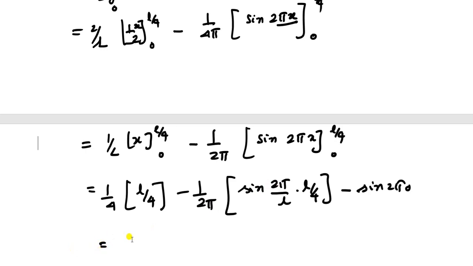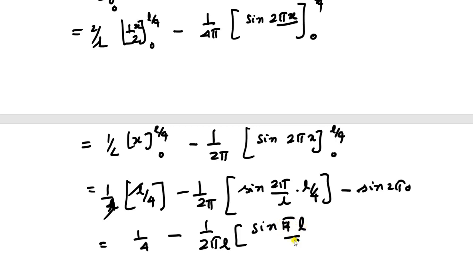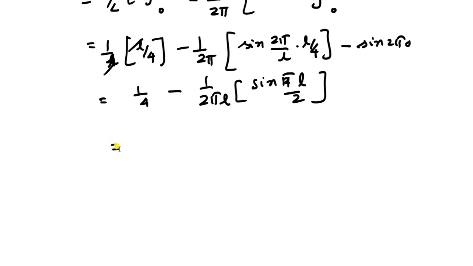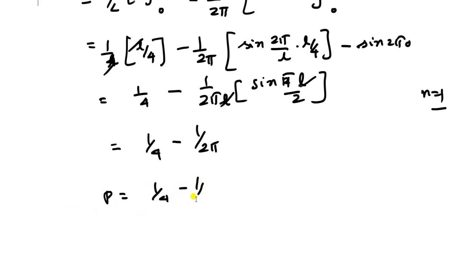This is equal to 1 by L, so L cancels, it is 1 by 4 minus 1 by 2 pi, here it is sine pi by 2. Next it is equal to 1 by 4 minus 1 by 2 pi. The L is cancelled, and the sine value is equal to 1. So the probability is equal to 1 by 4 minus 1 by 2 pi.